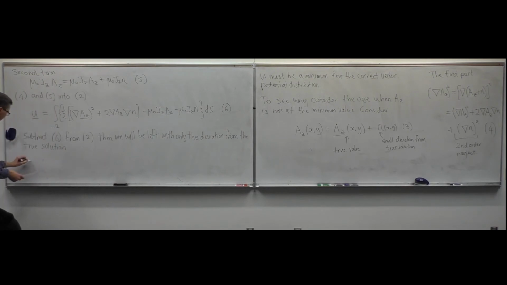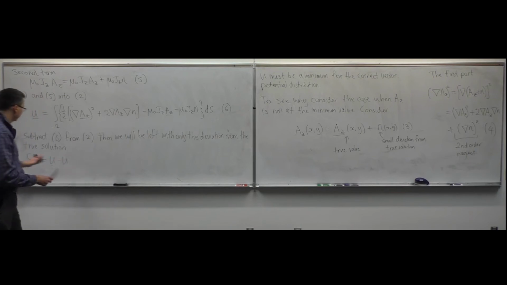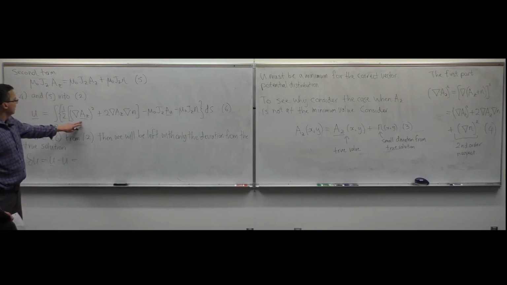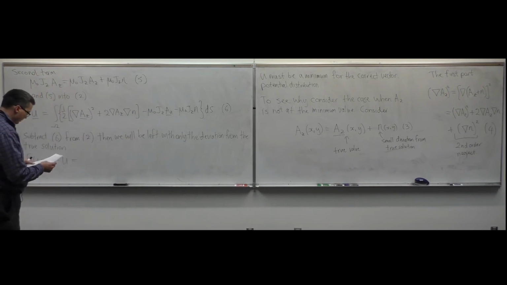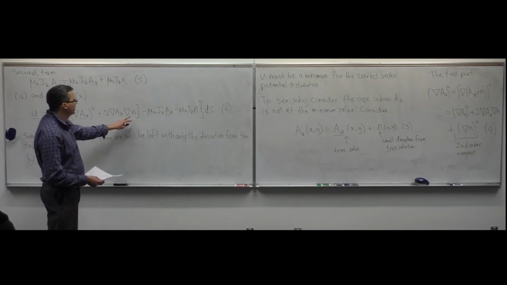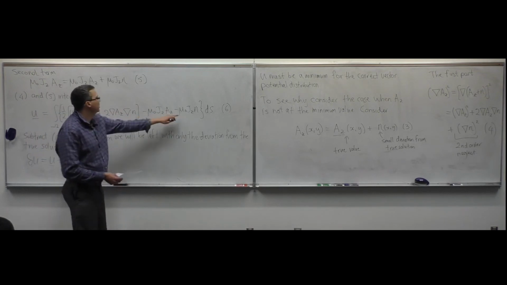I'll call it delta U. We have the true solution, and the solution with the perturbation minus the original, which was 2. If we do that, this term will subtract out, and the third term will subtract out, and we'll be left with just the parts with the perturbation in it, just the deviation. So this one, the second and the fourth.